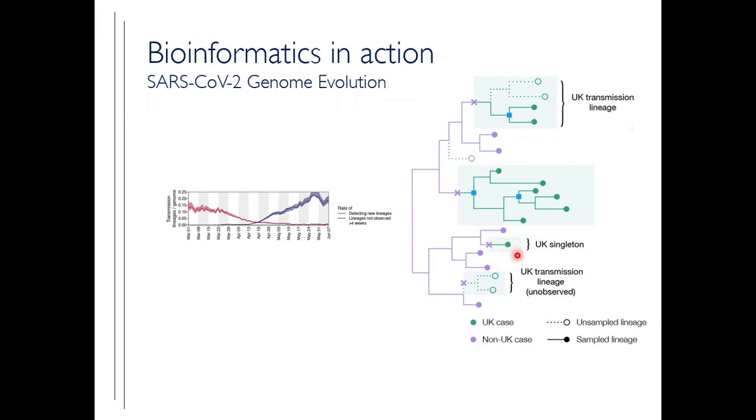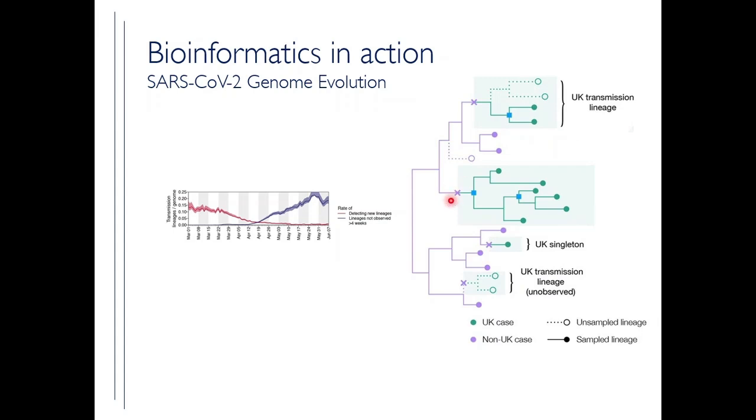So they indicate importation events from outside the UK into the UK. And you can see this from this graph. So what they found is that around 1,200 independently introduced, genetically distinct chains or strains of COVID were indeed introduced into the UK.